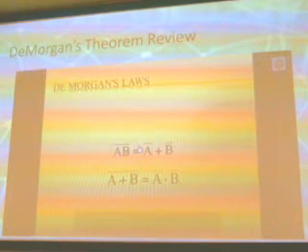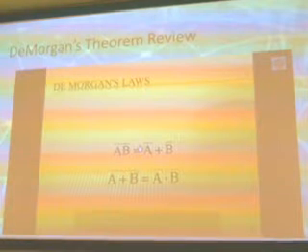So AB not is the same thing as A not or B not. Same thing with A or B not: break the line, change the sign, so or becomes and, A not and B not. So break the line, change the sign directly underneath where you broke the line, nowhere else.